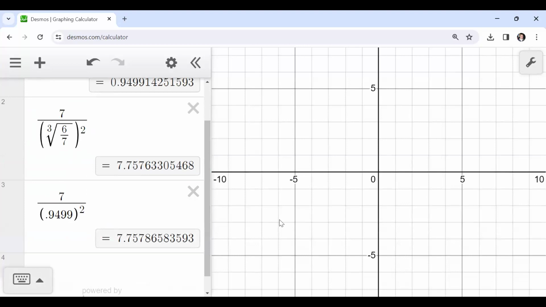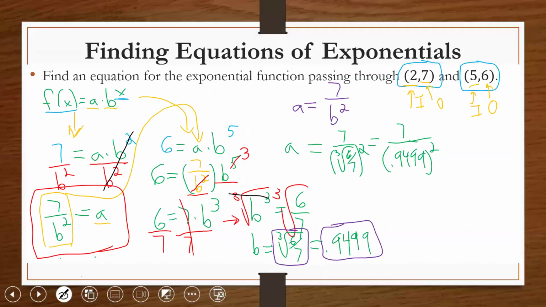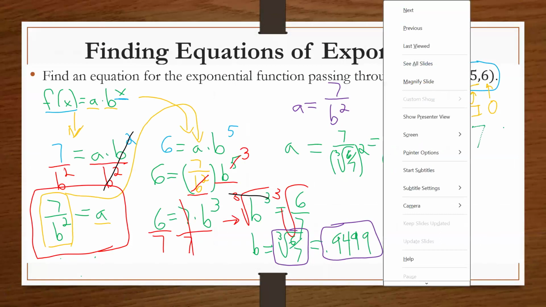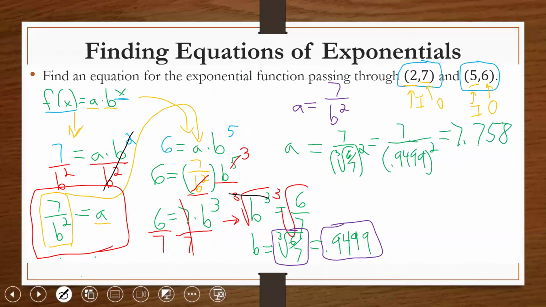Notice that both of those answers round off to 7.758. So going back to our slide, we can confidently say that the value of a is 7.758.